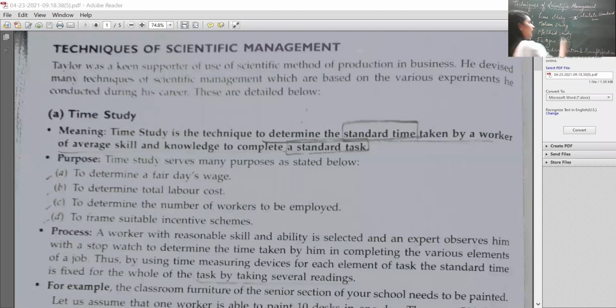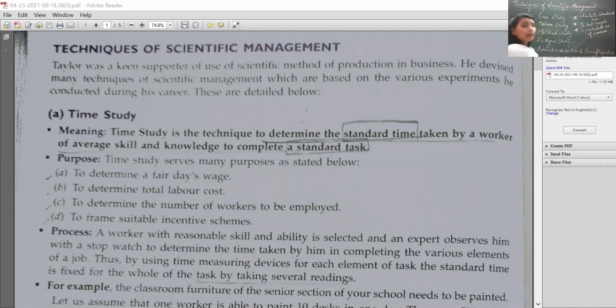Number 2, if it is written to set target, then targets can be set and given only with the help of time study, that this is the target which you are supposed to achieve. Then, if it is written to calculate number of workers.